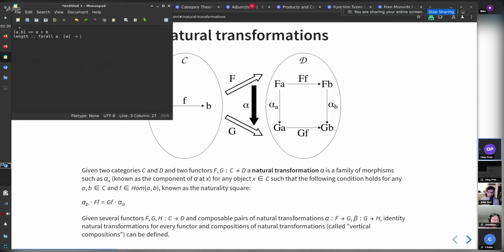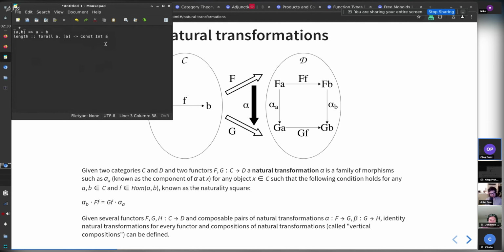The reason it's a natural transformation is because it's const int a. This is a functor, and this is a functor too. But couldn't I have constant on both sides, right? As the domain. Yeah, domain.